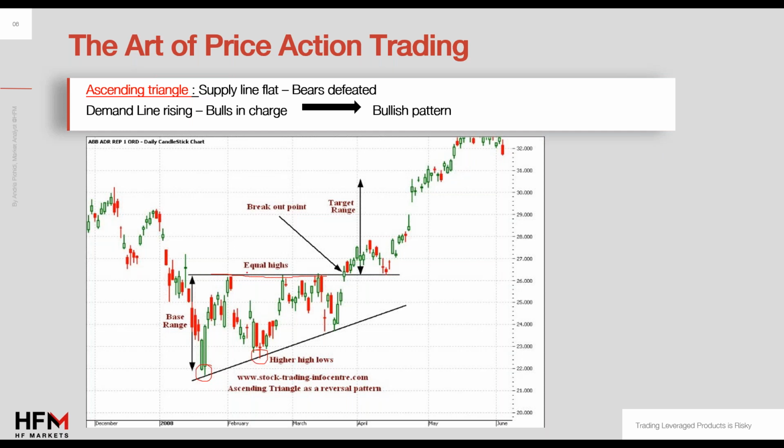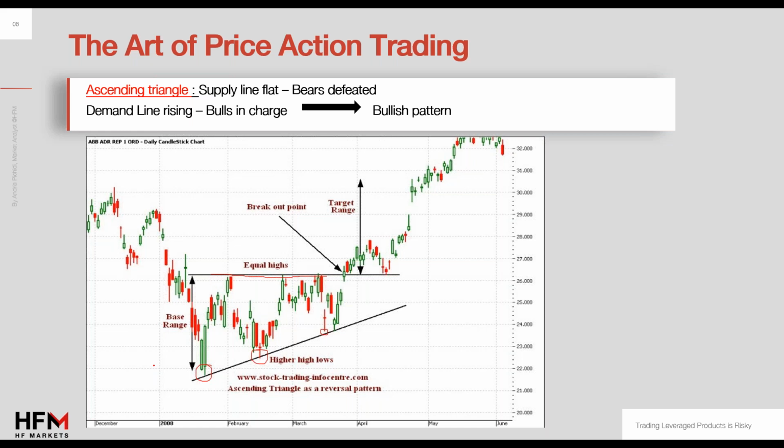So by connecting these peaks with a trend line, and by connecting the lows, we could identify an ascending triangle. The same mentality stands, okay?